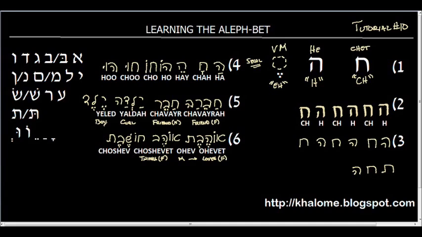Third person female singular, she thinks, choshevet. And it comes from the masculine version, which is choshev: chet, vav, shin, segol, and then vet. And that is thinks, with respect to the masculine. He thinks, she thinks. Choshev and choshevet.